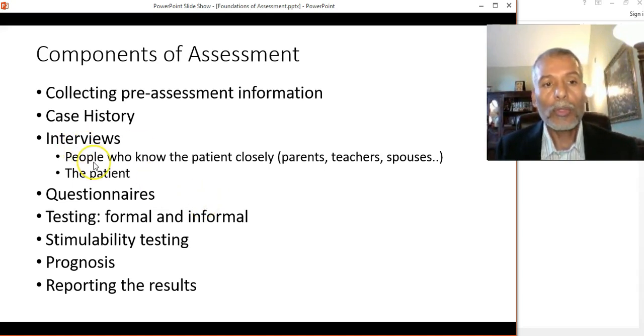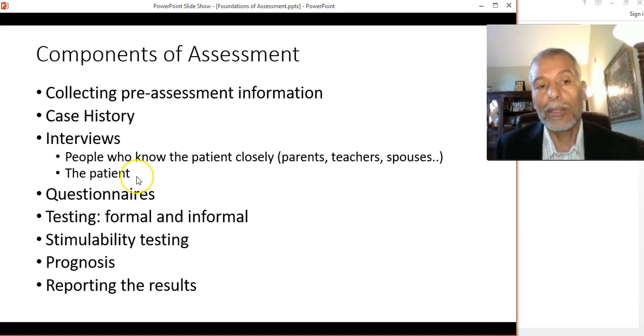The interviews could be phone interviews. They could be face-to-face interviews. You could interview, say, teachers for a few minutes, or a spouse, or a close relative, or a foster parent, or a parent. Sometimes you have very little children, 2 years old or even 1 year old.